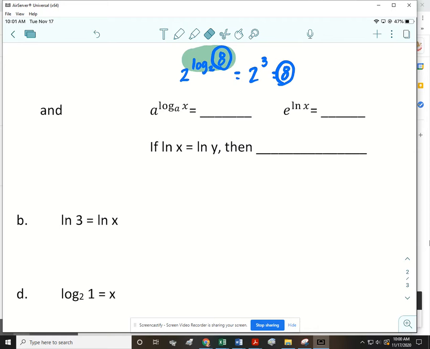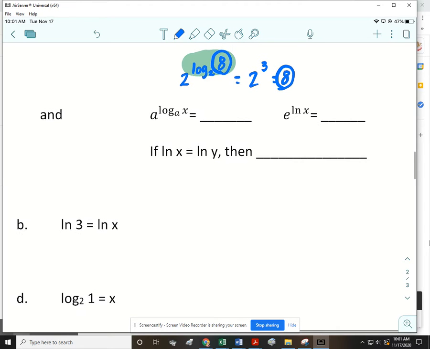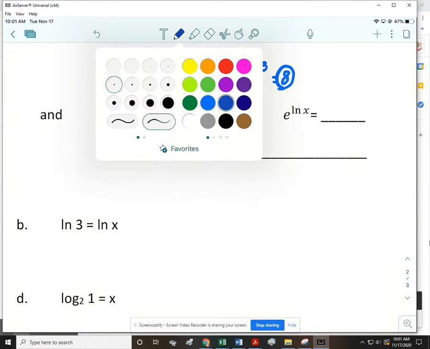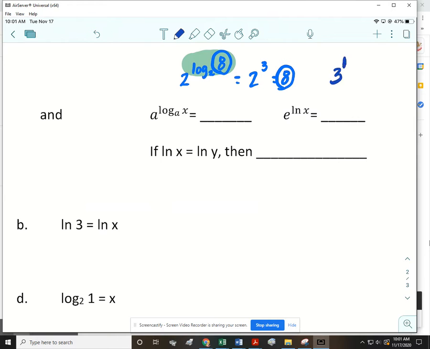All right, we could try it with a different problem or different base. So let's do 3 to the log base 3 of 9. All right. So again, we would start with the power. And you ask yourself, 3 to what power gives you 9? That's going to be the second power. And 3 to the second is 9.